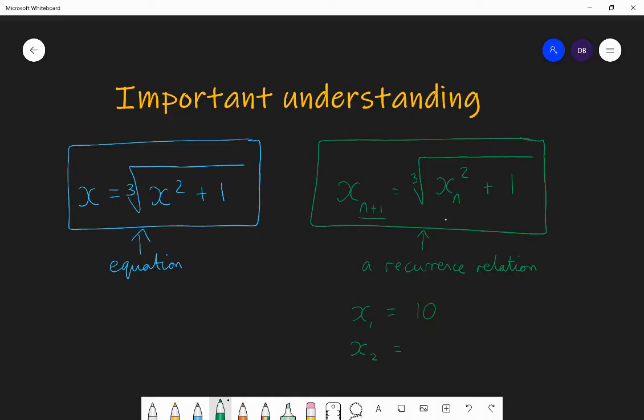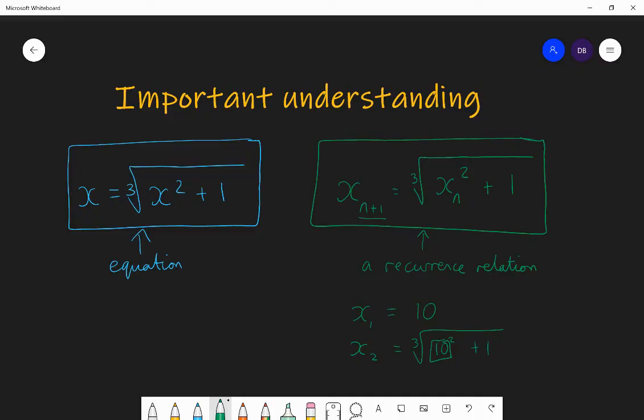So then x2 would be based on the cube root of 10 squared plus 1, because 10 is x1. So if I'm finding x2, I use x1 and I square it, and then add 1, and then cube root it, and I get x2. And then I could keep going forever. I could keep substituting the next value of x back into the recurrence relation to find the one after that.